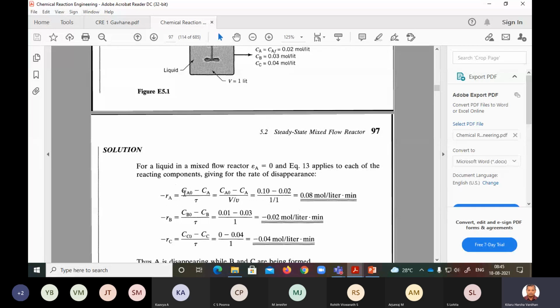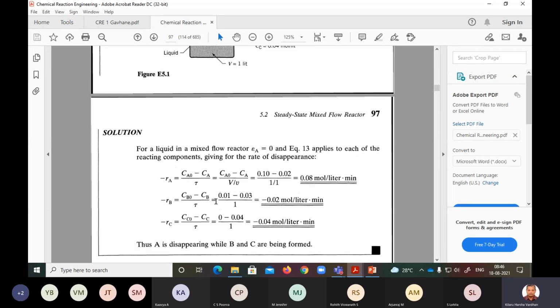Minus RA you can write as Ca naught minus Ca, divided by tau. Tau we already know, Ca naught is given, Ca is given. So minus RA is 0.008. Like that, RB and RC you can also find.